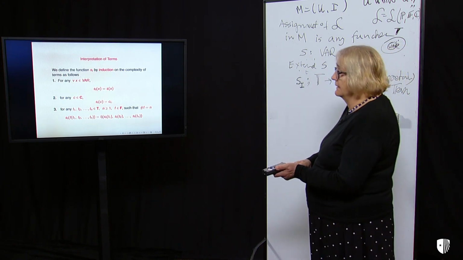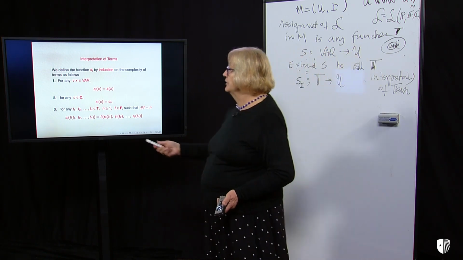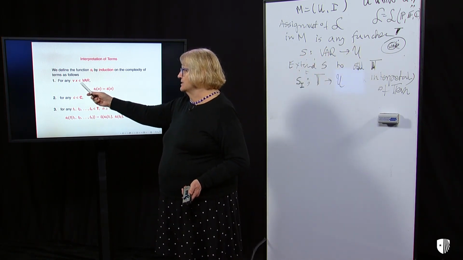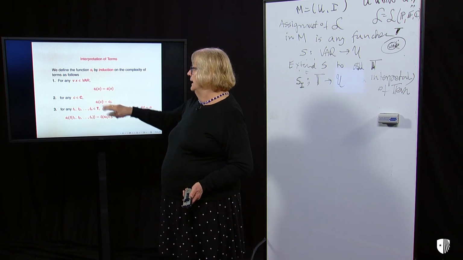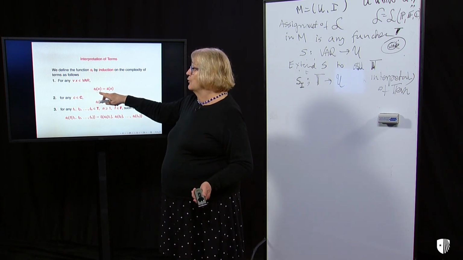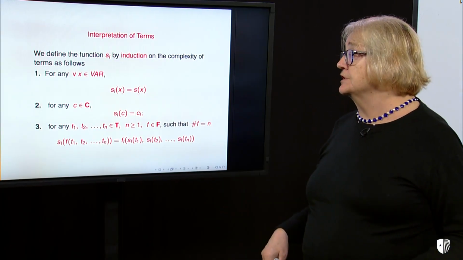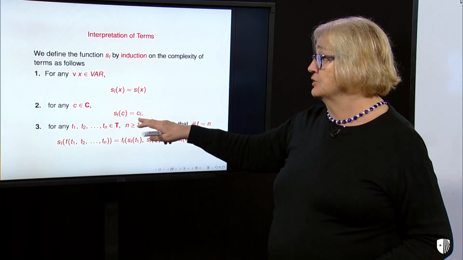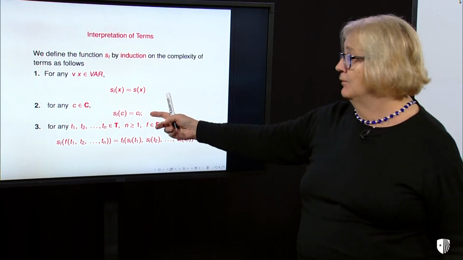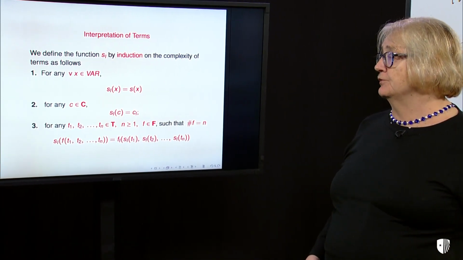So we extend S to terms as follows. Now you have an inductive definition. Of course, for any variable x, the interpretation of the variable is what it was, and the interpretation of a constant is whatever was the interpretation of the constant.